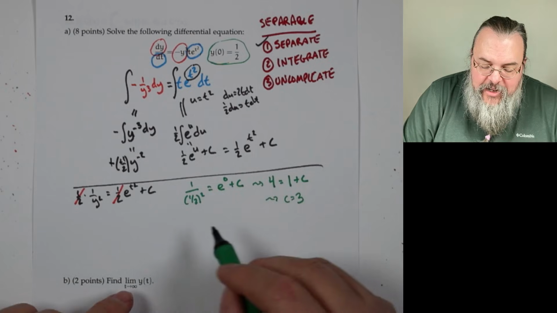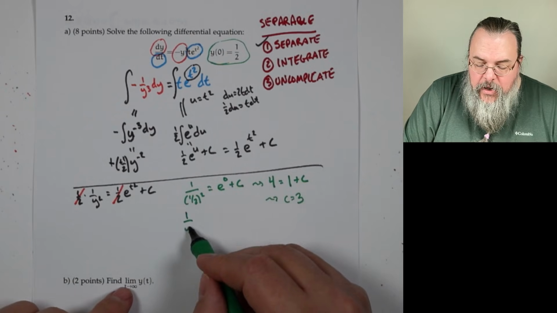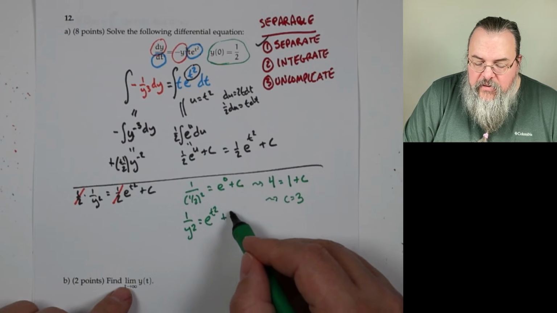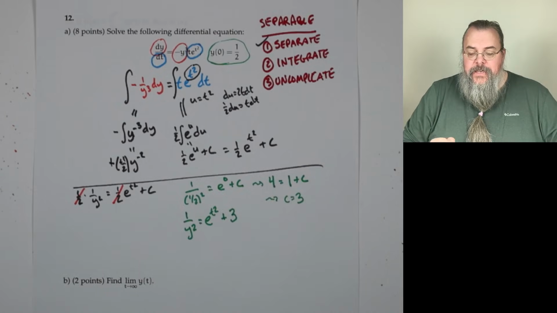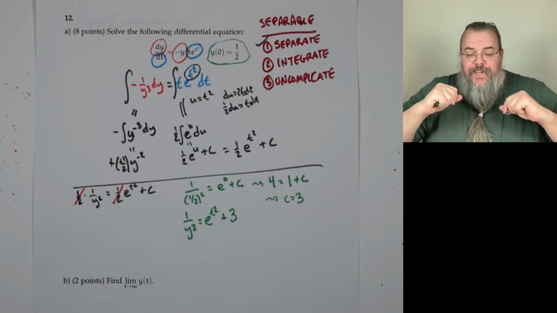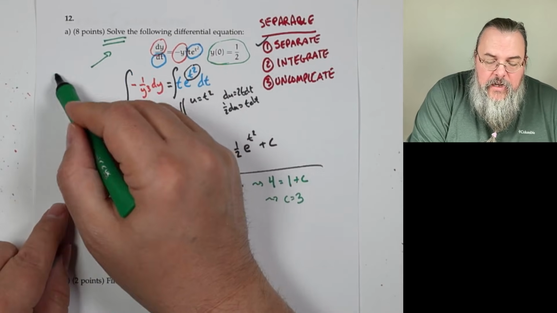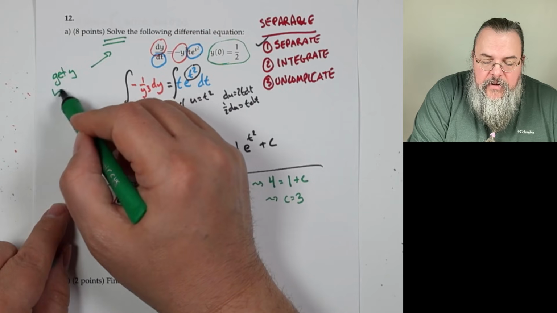So, getting back here, we have 1 over y squared equals e to the t squared plus 3. Well, we'll flip both sides because we're solving, right? Solve says we need to get y by itself.